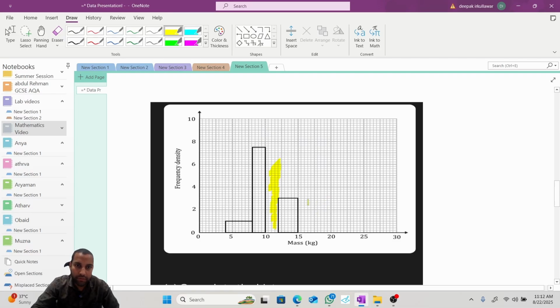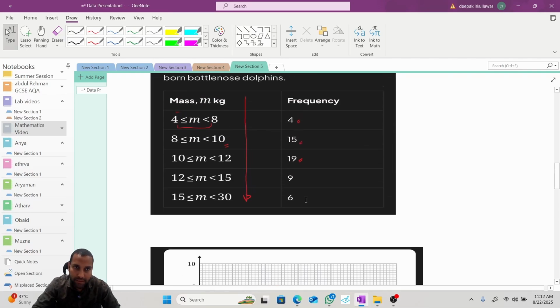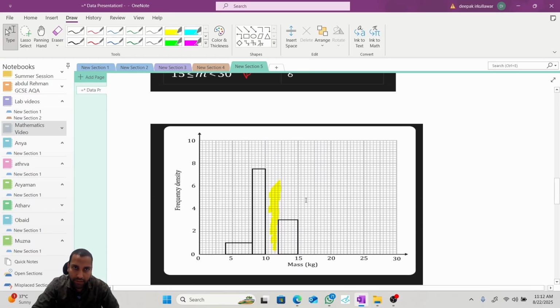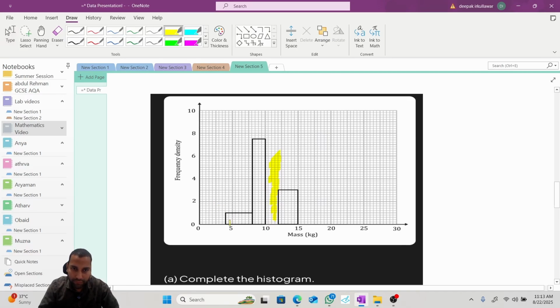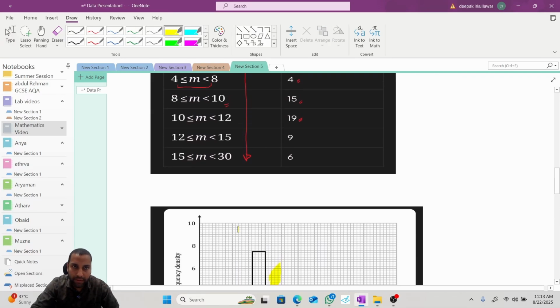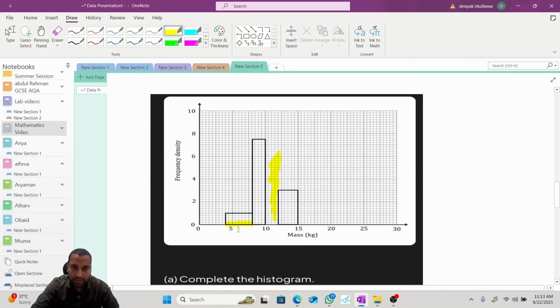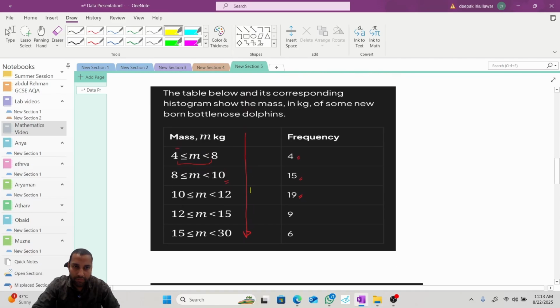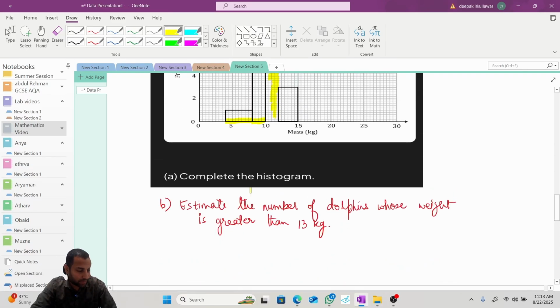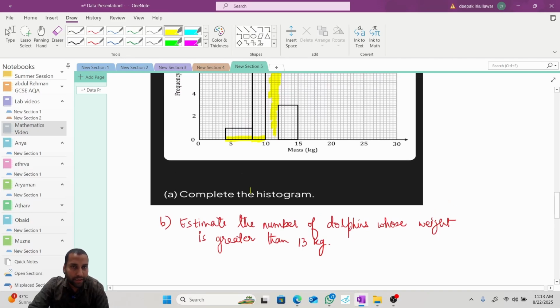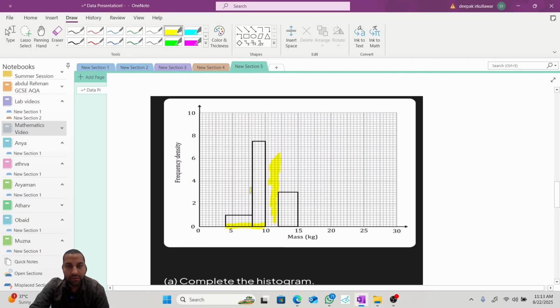The data is starting from here, 4 to 8, then we have 8 to 10, then so on. This is how your data is represented, but here a few of the data are missing, so you need to complete this histogram.